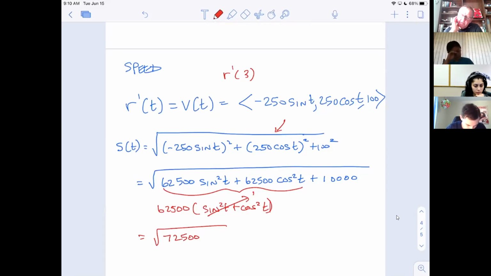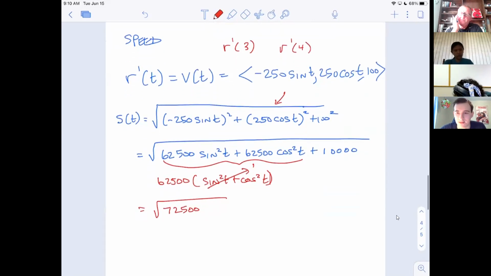But based on what I just did, what's going to happen if I ask you a second question and ask you for 4? It's going to be the same exact speed. Notice there's no t in our formula, the t dropped out of it as a result of just an interesting question, which means this is the speed always. That's the speed entirely consistently.